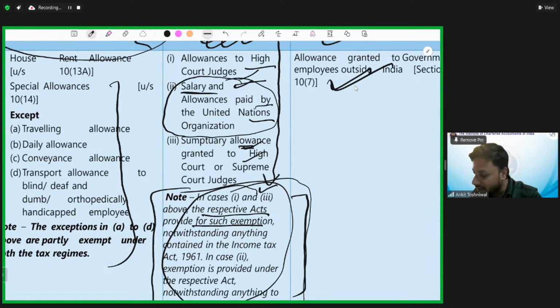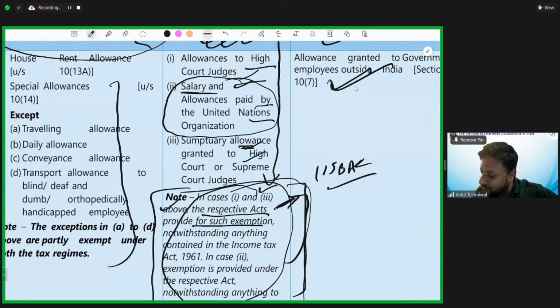Yes, sir. But this is still not clear, because this notification or circular is from before the new tax regime. And in the new tax regime, it is already written that nothing contained under any act should be followed. So there is a contradiction between two provisions. One provision says notwithstanding anything contained in the Income Tax Act, while under Income Tax Act section 115BAC, if you are opting for this, nothing contained contrary to any act applies.